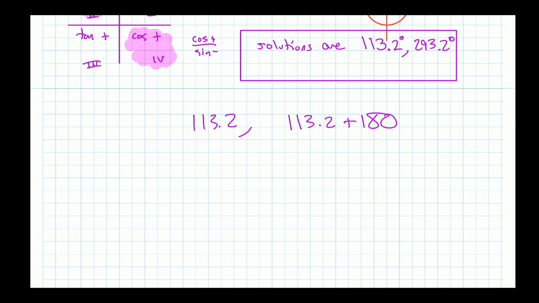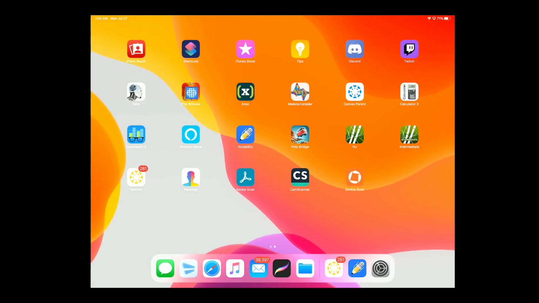And so that's the 293.2. So Symbolab worked better than Wolfram Alpha for this, but they're both kind of tricky to make do what you want.